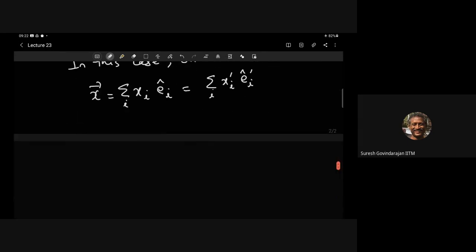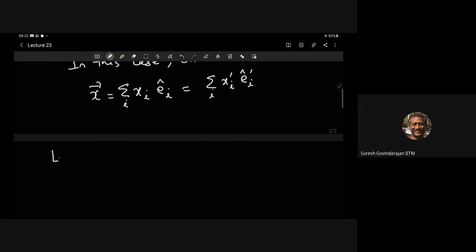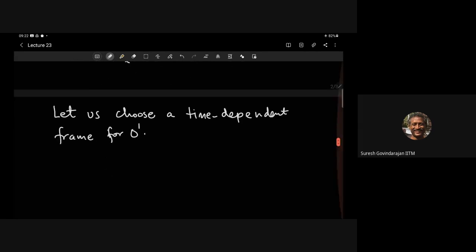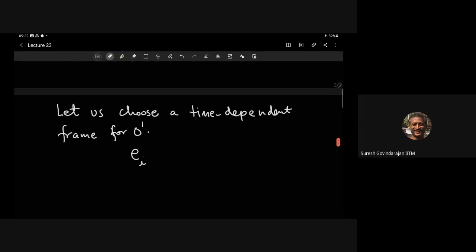So let's do one thing. Let us choose a time dependent frame for O prime. What I mean by that is e_i prime is a function of time.